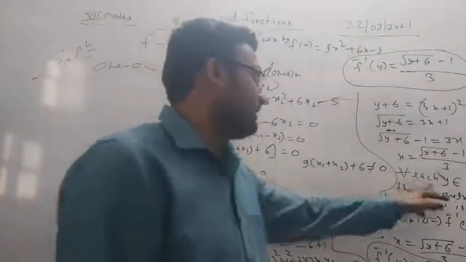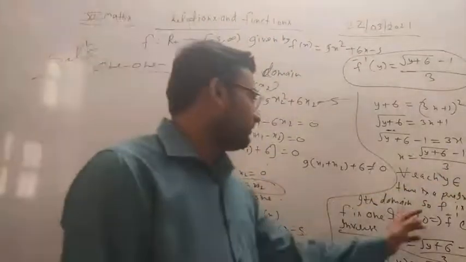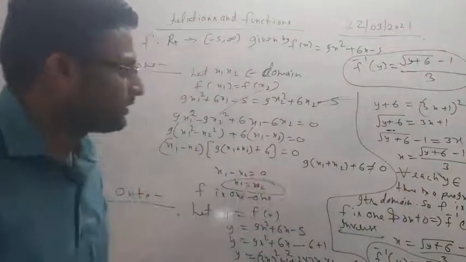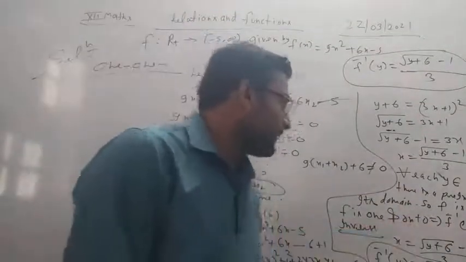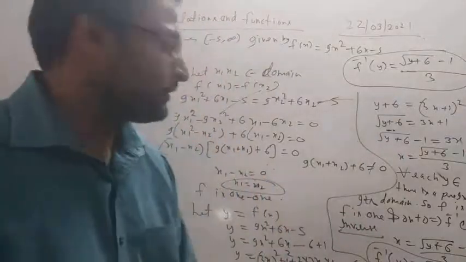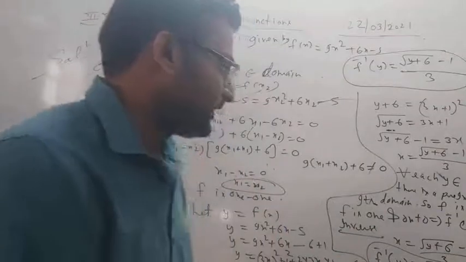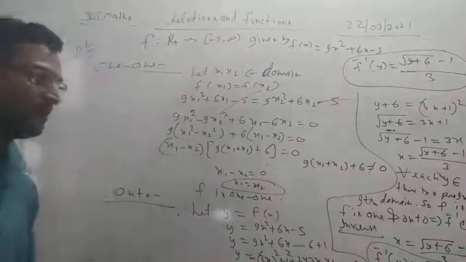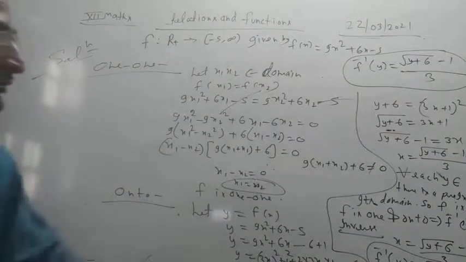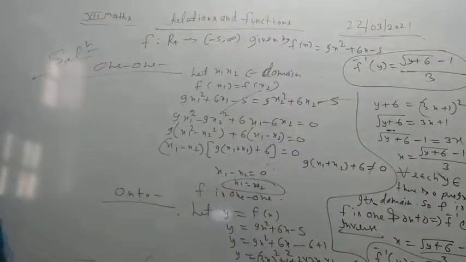So for each element y belonging to the codomain, there exists an image which belongs to its domain, so the function is 1-1 and onto. Okay, so we can say that f inverse exists and its inverse will be x is equal to root of y plus 6 minus 1 by 3, and this is our f inverse of y, which we have to prove. Okay, I hope you understand, students. Now we move to the next question.